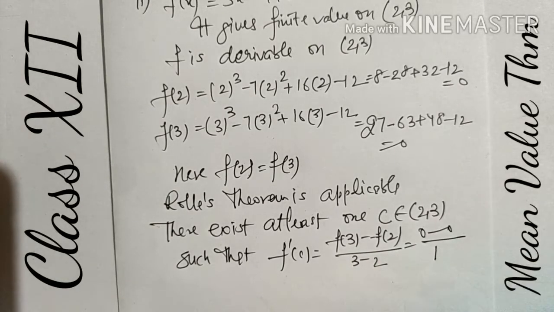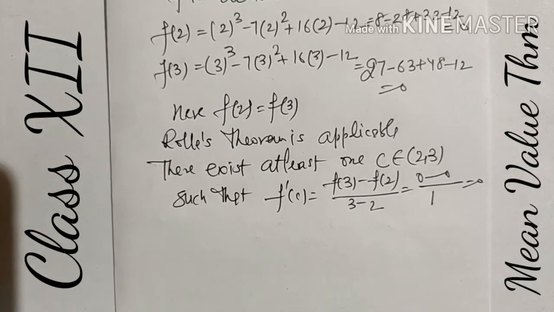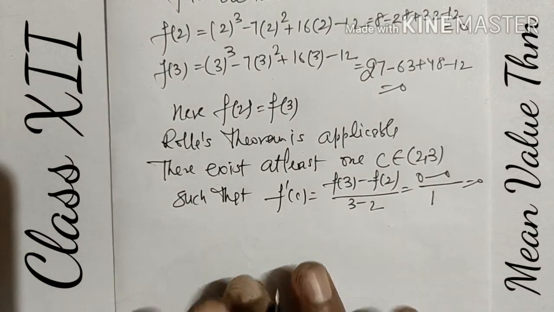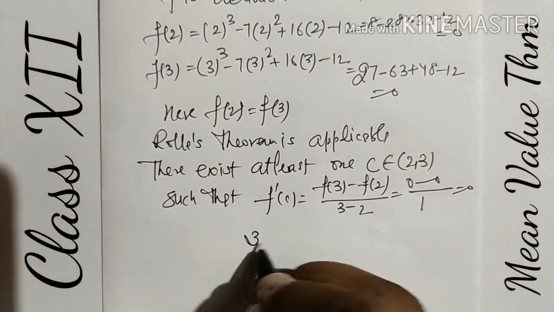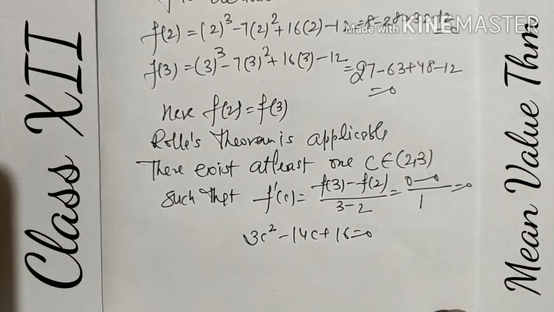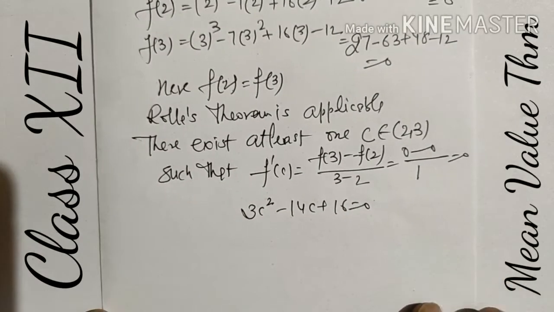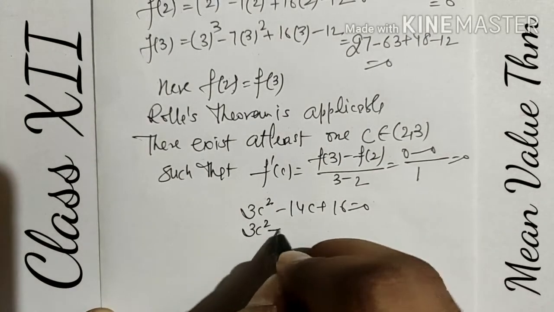Replacing the values, overall it is 0; in Rolle's theorem f dash c always remains 0. f dash c means in the first derivative replace x by c. So we get here 3c square minus 14c plus 16. Now we have to simplify by using any method of 10th class. We are using the middle term splitting method.